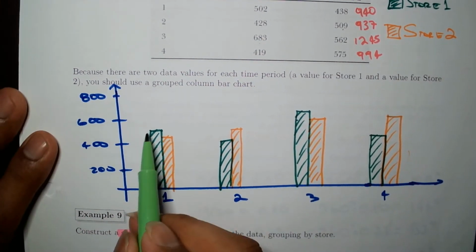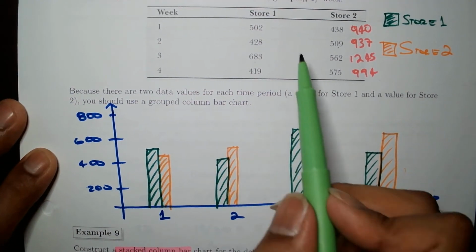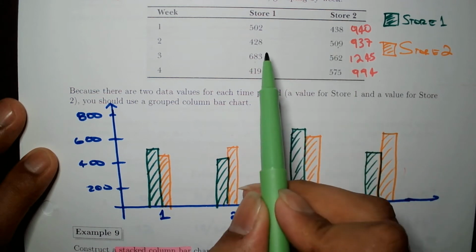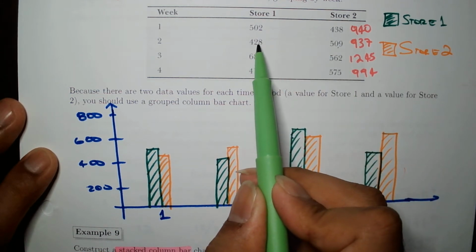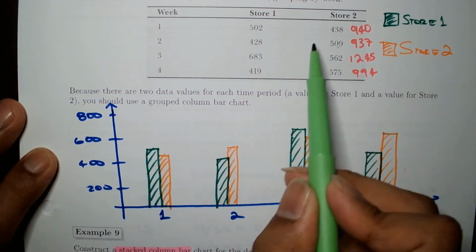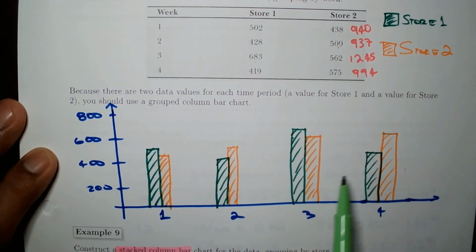For example, in the first week, just looking at the numbers, store 1 sold more than store 2, and in the second week, store 2 sold less than store 1. Here we see it numerically, but here we see it graphically.